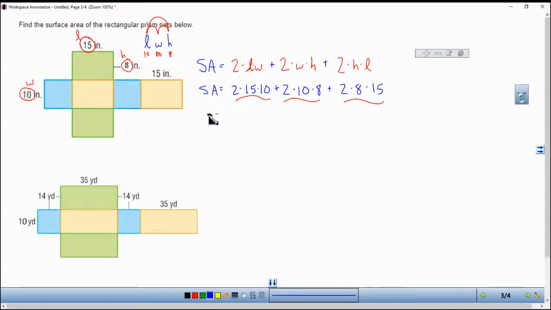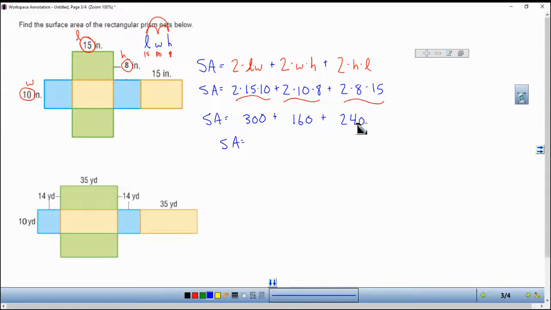So next we're going to multiply out each group. Surprisingly, we probably won't need a calculator for this. 2 times 15 is 30, times 10 is 300, plus 2 times 8 is 16, times 10 is 160, plus 2 times 15 is 30, times 8 is 240. So lastly, to get our answer, we're going to add those all up.